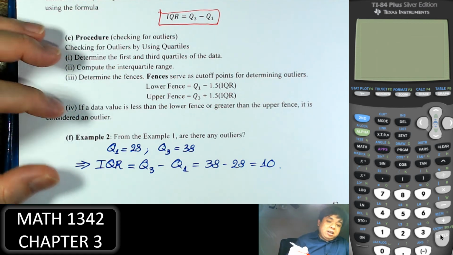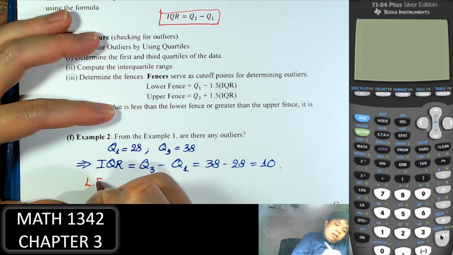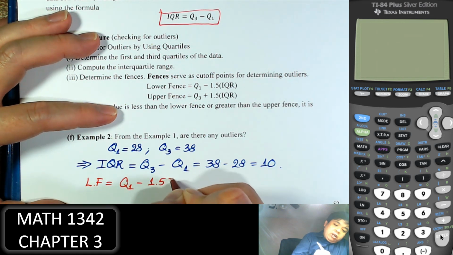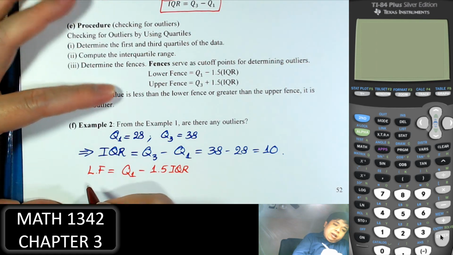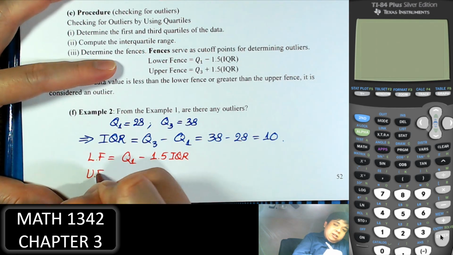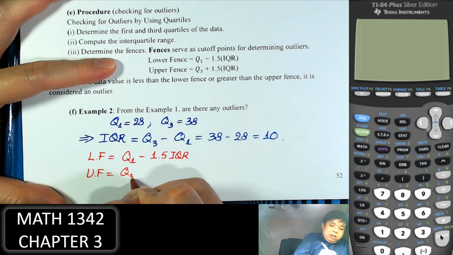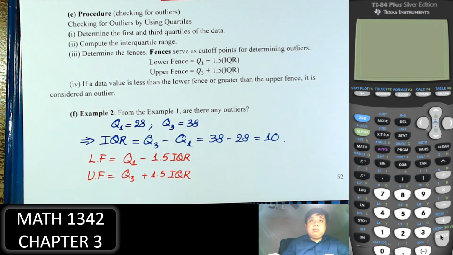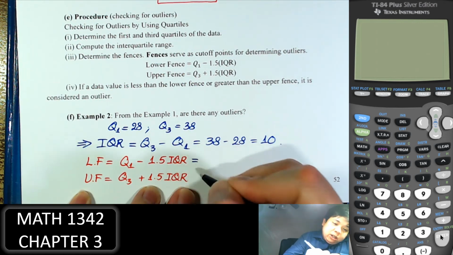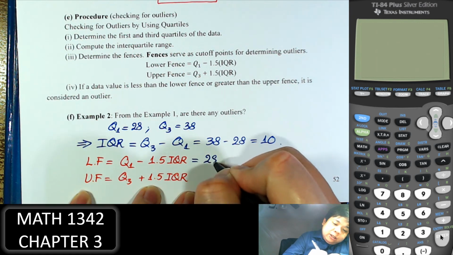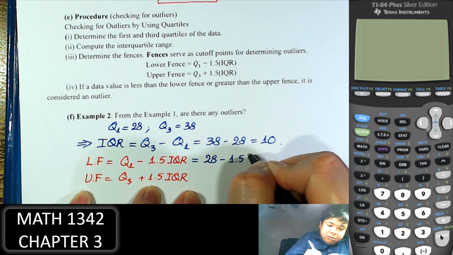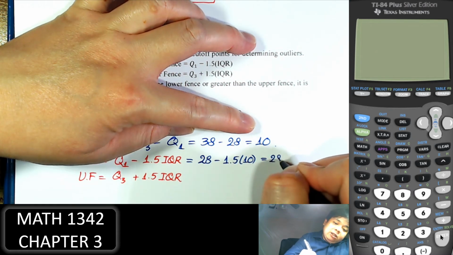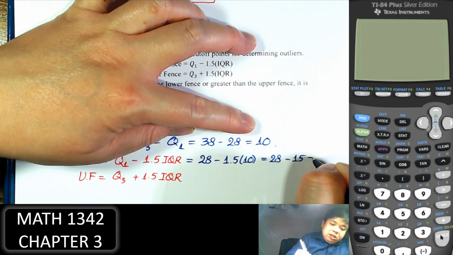Next, we find the fences. The lower fence will be Q1 minus 1.5 IQR, the upper fence is Q3 plus 1.5 IQR. Now Q1 is 28 minus 1.5 times 10. 1.5 times 10 is 15. 28 minus 15 is 13.